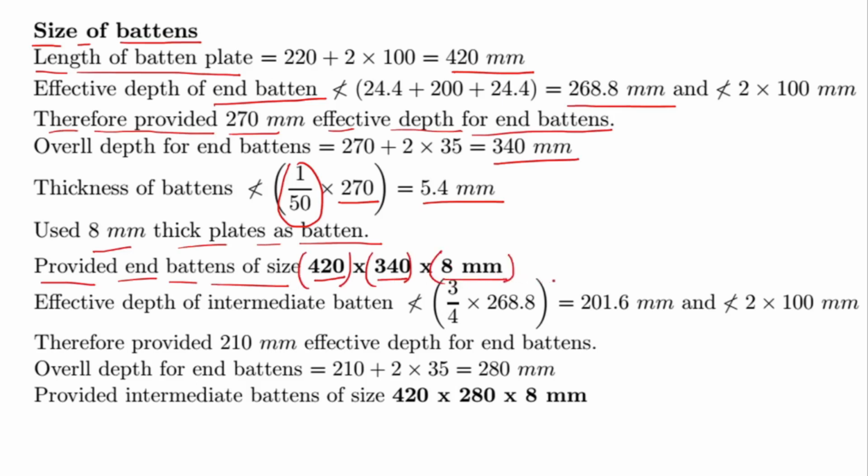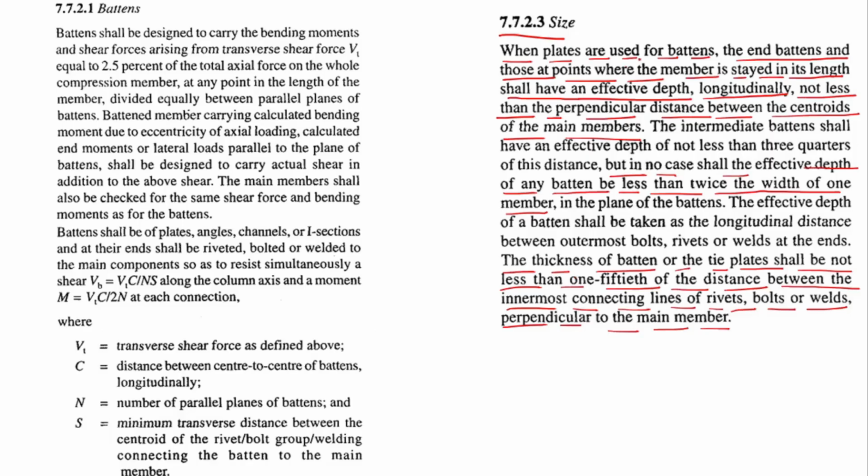Next we have to calculate effective depth for intermediate batten. The intermediate battens shall have an effective depth of not less than 3/4 of the distance. That means this line is talking about the distance between the centroids of main members.